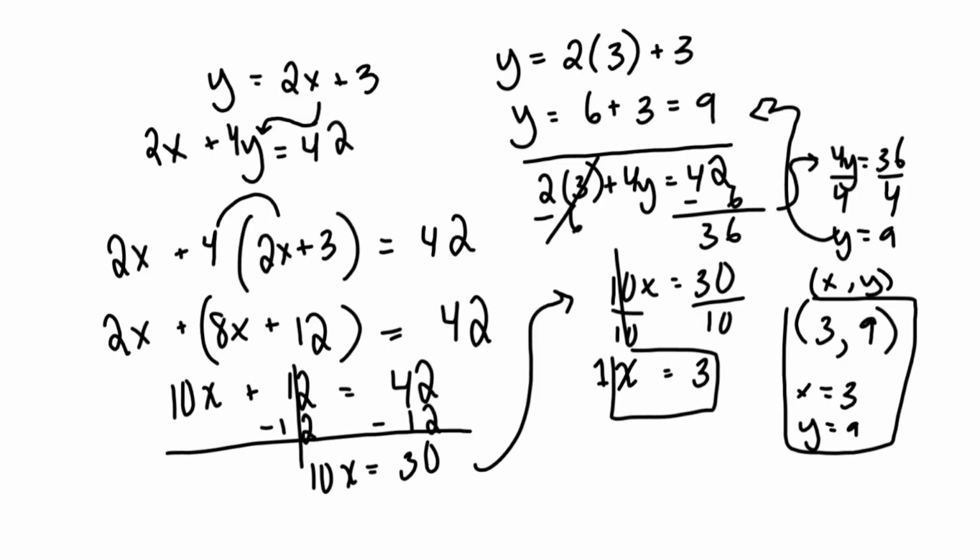So let's try another way of solving for these. Now I have a new equation, so let's write that. 3x plus 2y equals 19. And then the second equation is 4x minus 2y equals 16. Here we want to use the elimination method because two things cancel out.